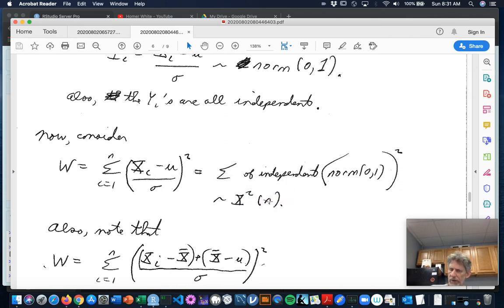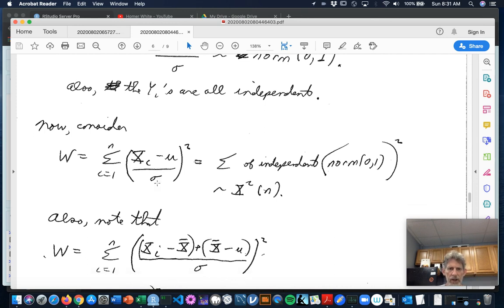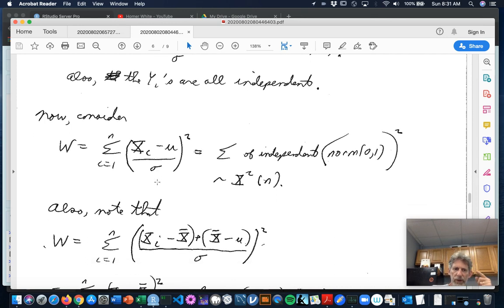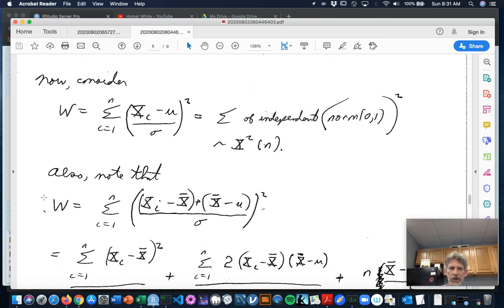which should be promising. When we want to show that our mystery random variable is chi-square n minus 1, and this W here, which is so similar to it, is chi-square n, that should give us some hope. What we should do then is see if we can relate the W to our mystery random variable. The mystery random variable was the same as W, except it had an x bar instead of a mu.